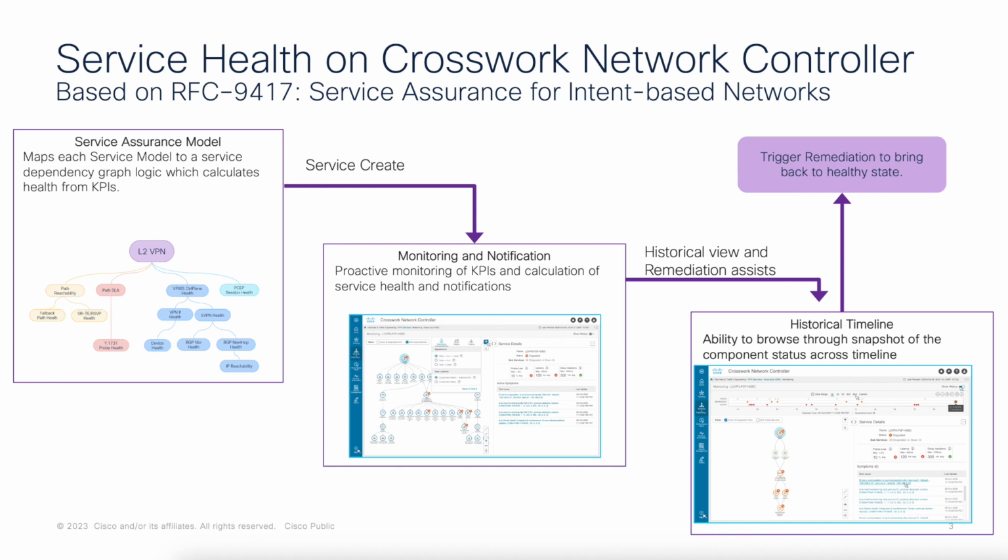These KPIs are then proactively collected. We trigger collections to go collect these KPIs from the nodes in play for that particular service. Then we calculate the service health using the KPI values and running them through a logic.